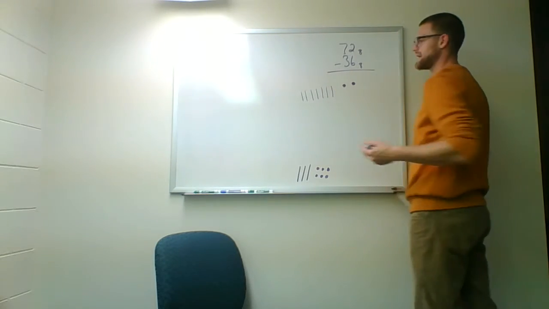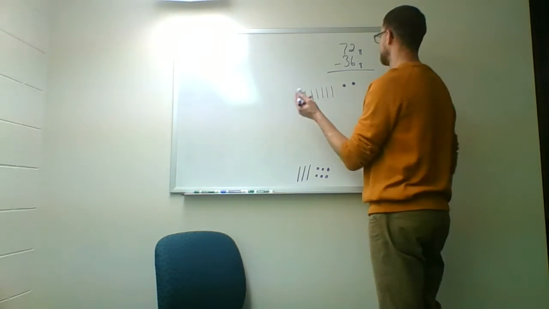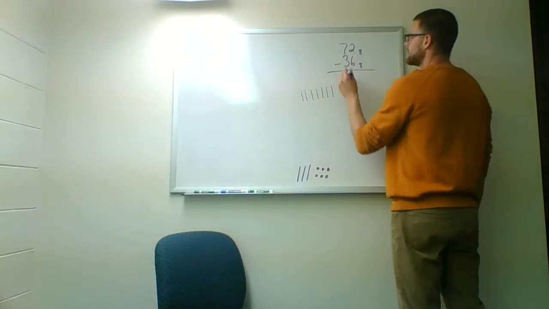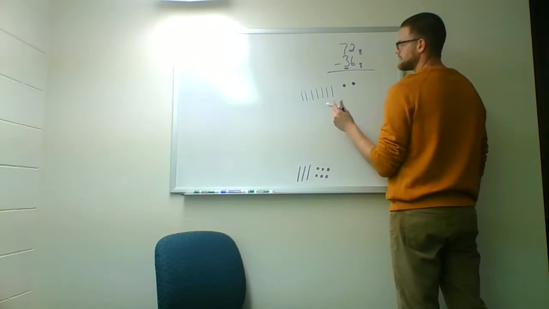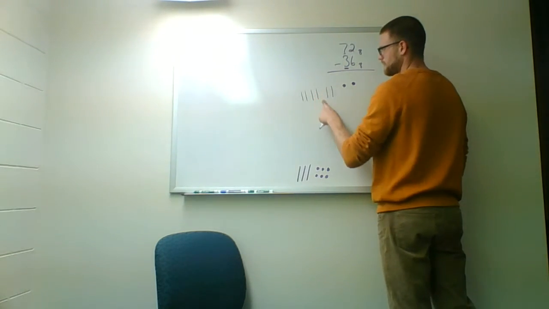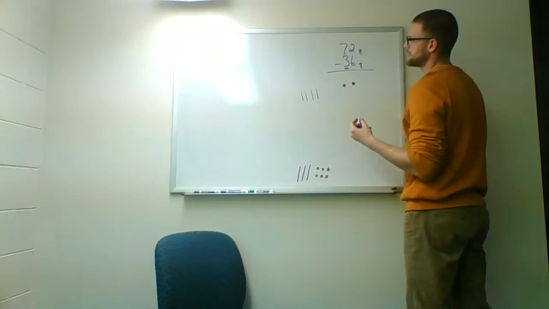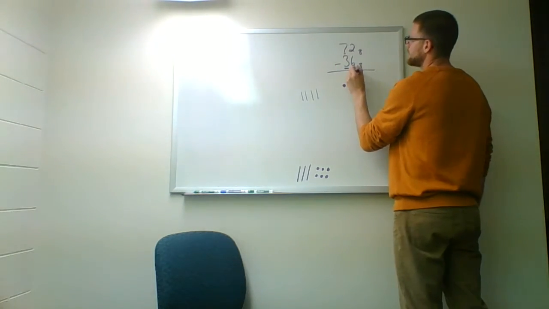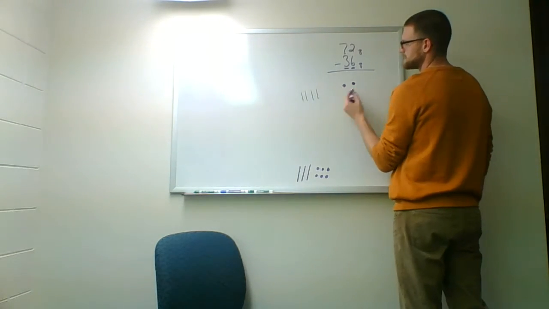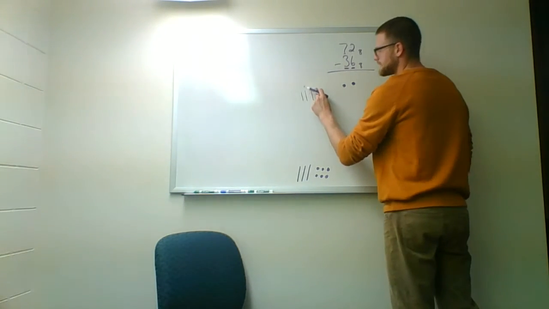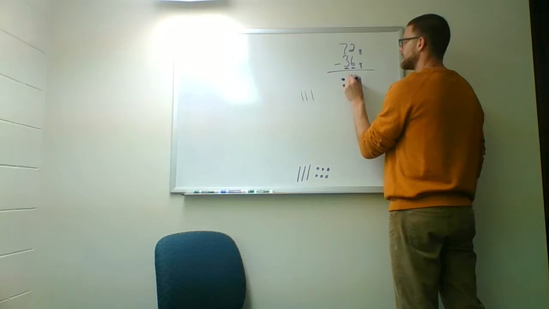But we're doing subtraction, so all we have to do is just take it straight from this. So let's take away our 3 rods. 1, 2, 3, gone. So the 3 rods are gone. And we're going to take away 6 units, but we don't have 6 units, we only have 2. So let's take this rod and make it into units.